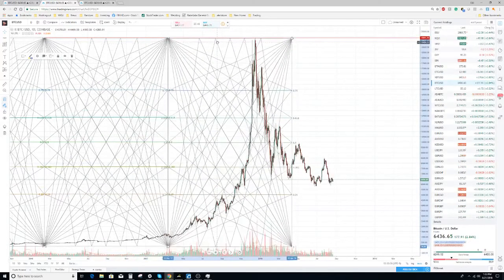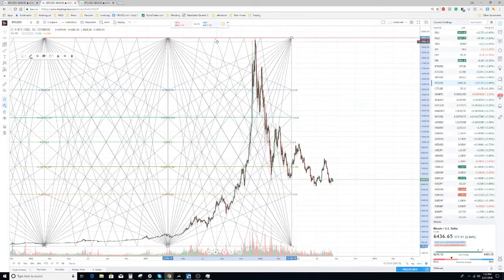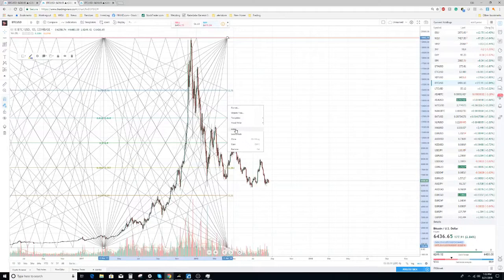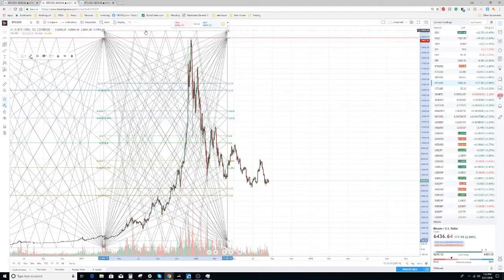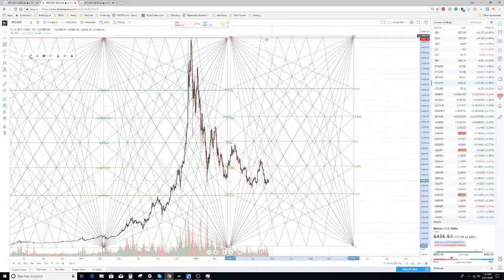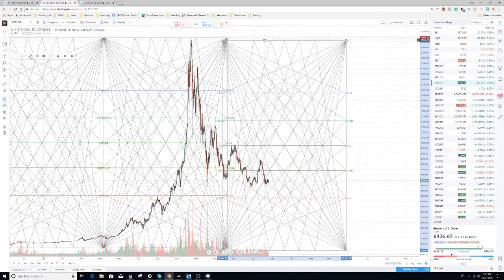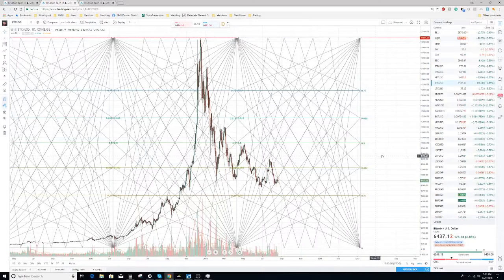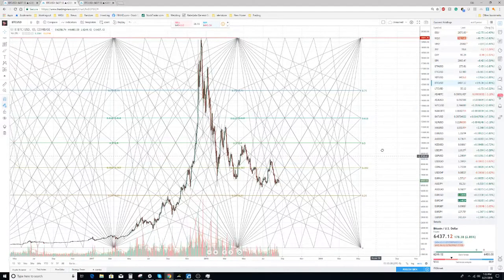Clone. All right, and I'm going to clone it again. And there's the square on the chart.